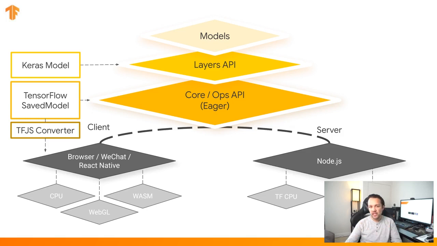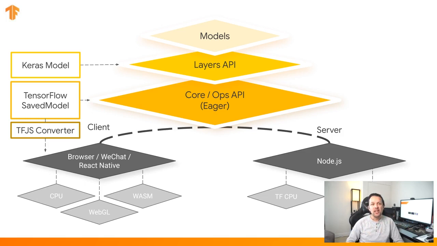And if WebAssembly is available, we can leverage higher performance on the CPU by utilizing lower level instructions. Now, it should also be noted, people can also convert models from Python into JavaScript using our converters, as you can see on the left-hand side. And this is something to bear in mind because people might try and load larger models or more complex models in the future via this method.